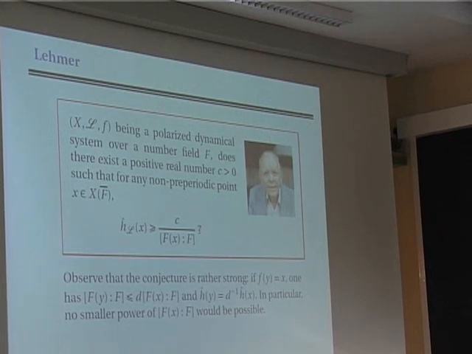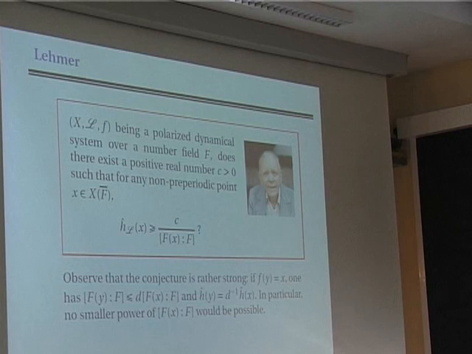So if you consider a dynamical system over a number field, you could ask if the canonical height of any point is bounded below by something positive if the point is not pre-periodic. And the best lower bound that one can expect is some constant divided by the degree of the point.